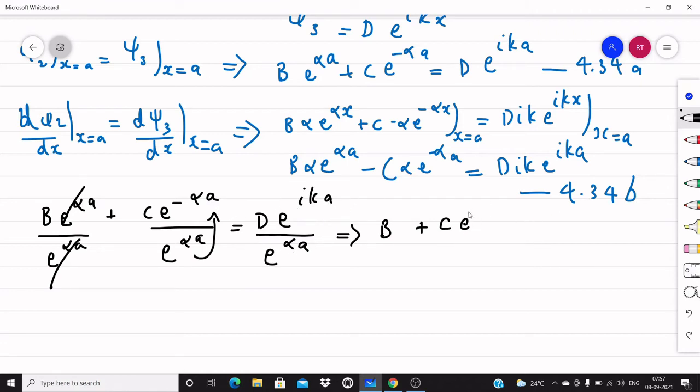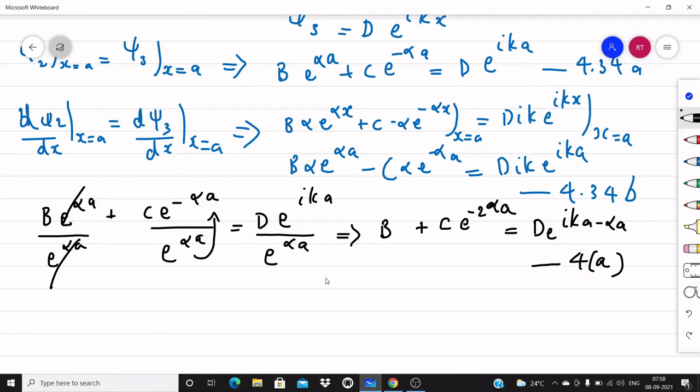So b plus c e raised to minus 2 alpha a is equal to d e raised to i k a minus alpha a. This is the next equation. I am going to call it 4a, because in the textbook, after a few calculations, the number is given.